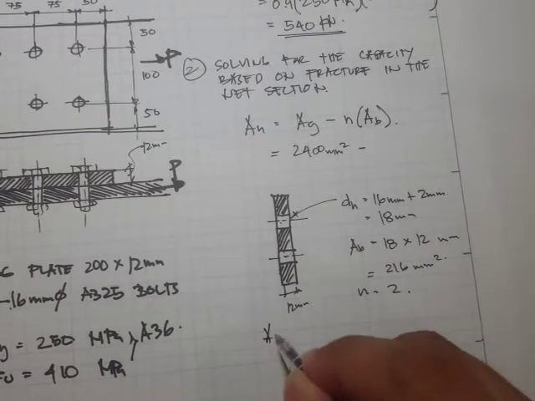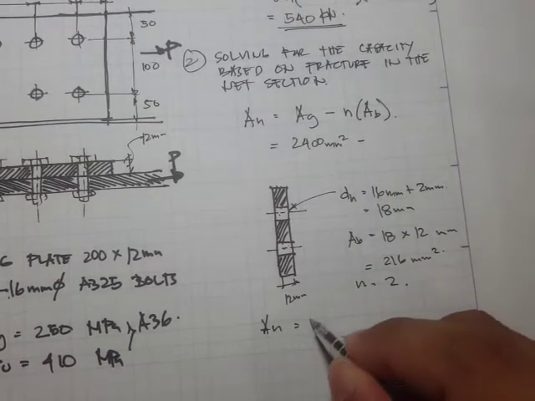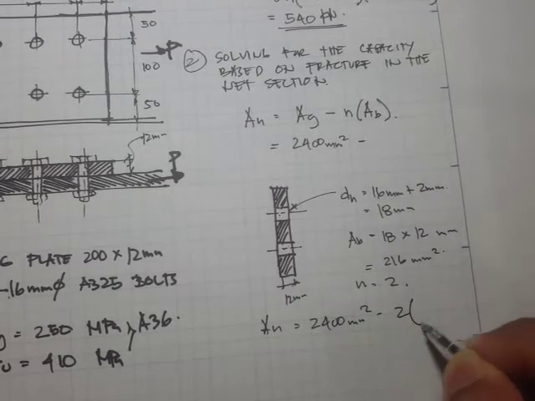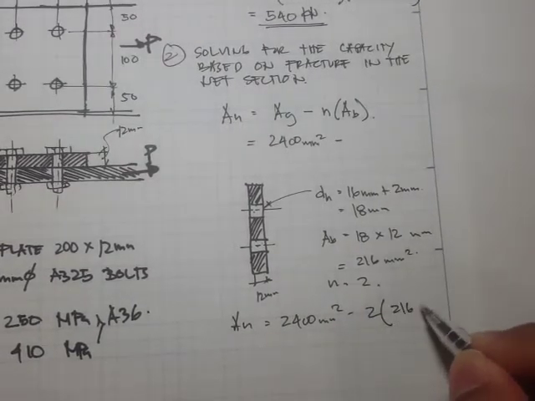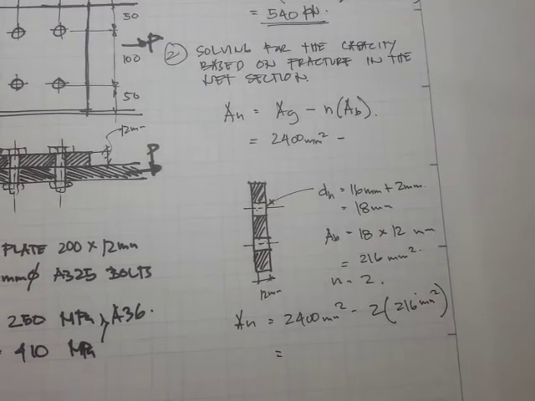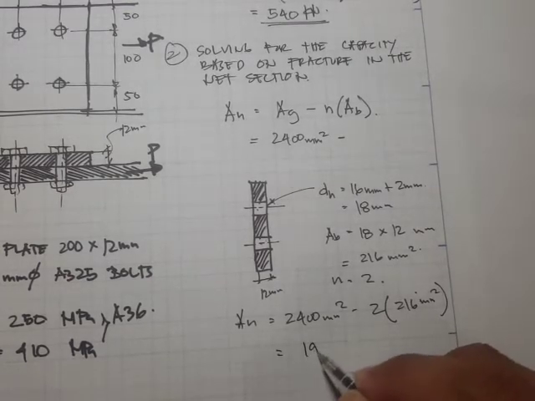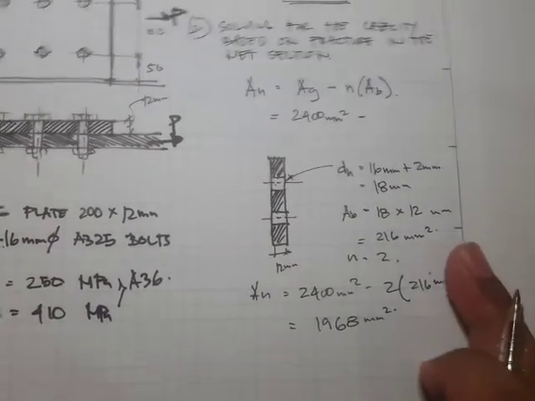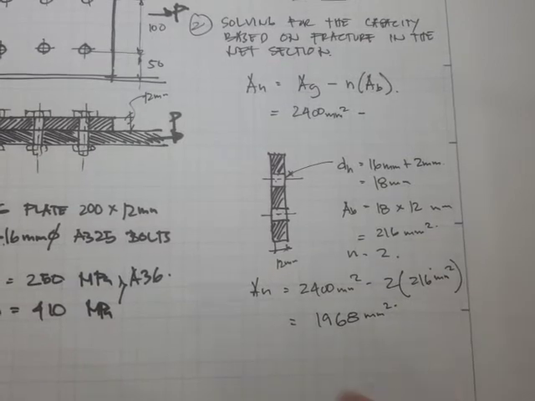So to solve, we have 2,400 mm squared minus 2 times 216 mm squared, and that's 1968 mm squared. So that's our net area.